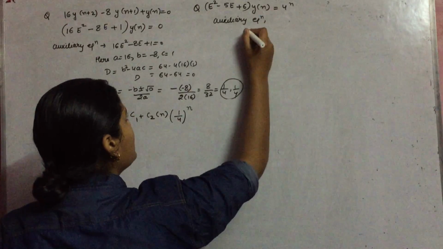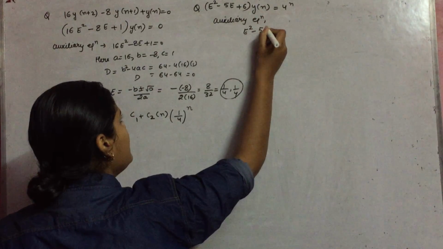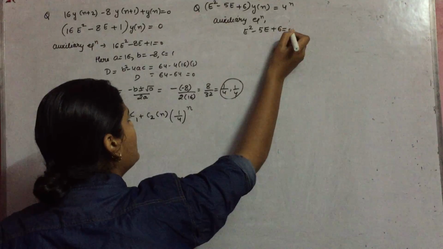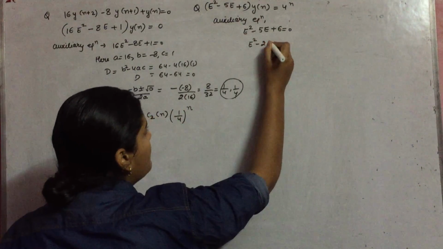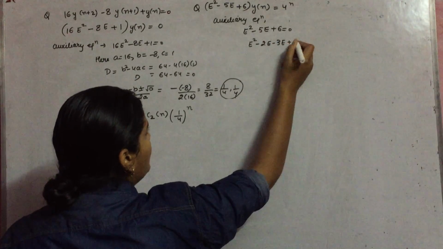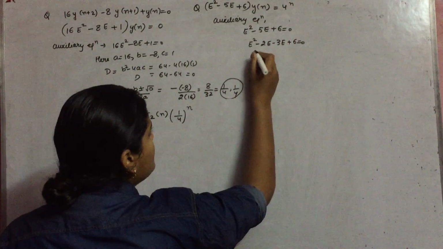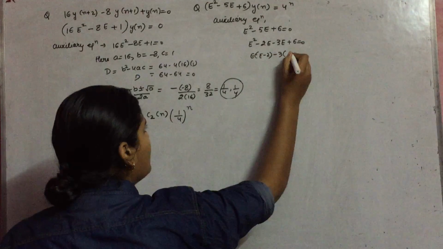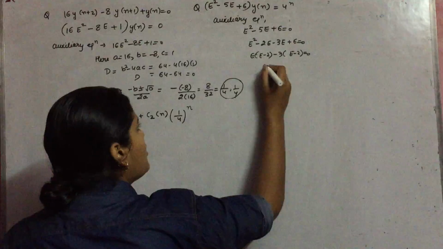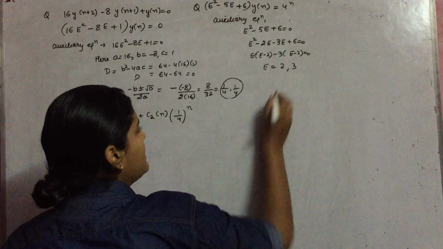Your auxiliary equation is E square minus 5E plus 6 equals 0. Now it becomes E square minus 2E minus 3E plus 6. E is common, E minus 2 is common, and your E becomes 2 and 3.